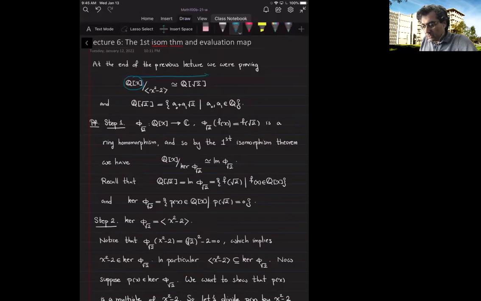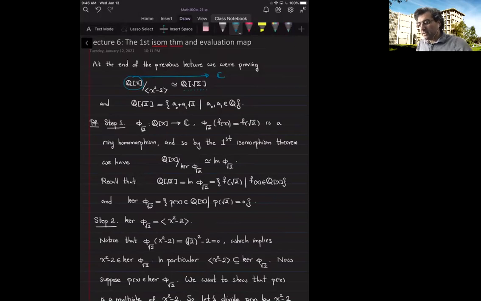So in this case, we go to complex numbers. But our goal is to define this ring homomorphism in a way that the image of this ring homomorphism would be the other side, and hopefully the kernel would be the denominator. Okay, so that's the first step.